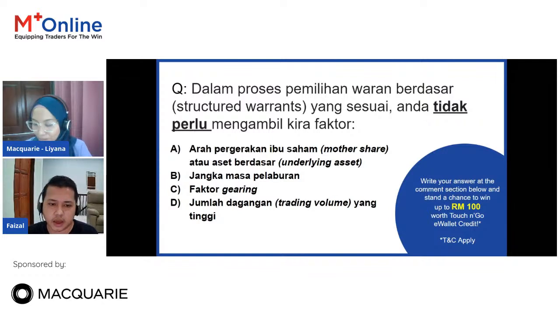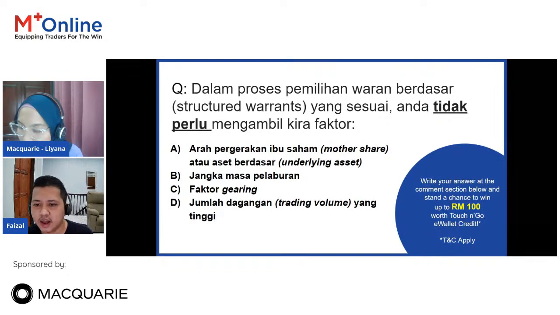Antara A, arah pergerakan mother share atau underlying asset, B, jangka masa pelaburan, C, faktor gearing, atau D, jumlah dagangan trading volume yang tinggi. Jawapan yang betul adalah D, jumlah dagangan trading volume yang tinggi. Kita akan postkan nama-nama pemenang sekejap lagi.